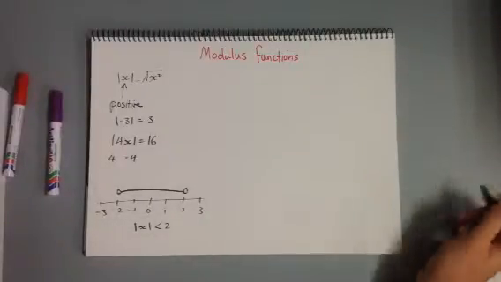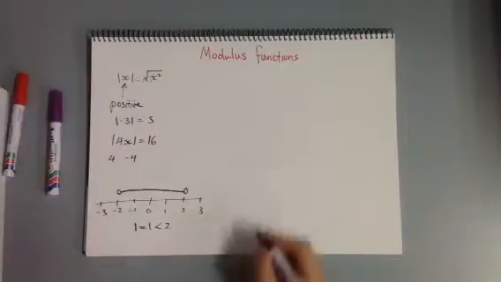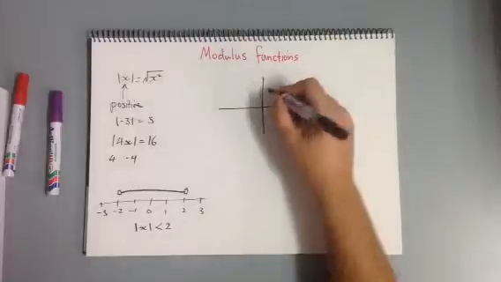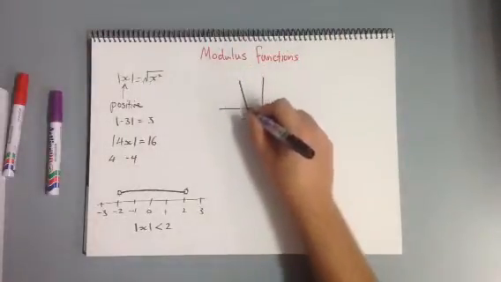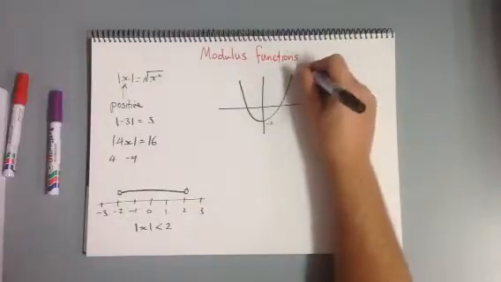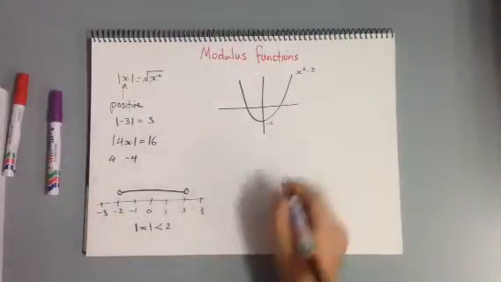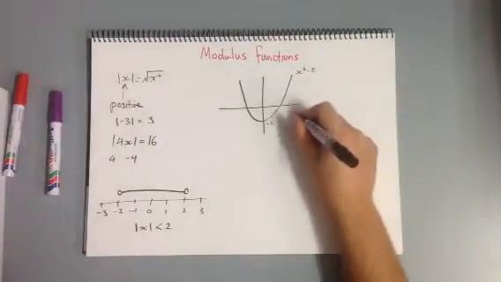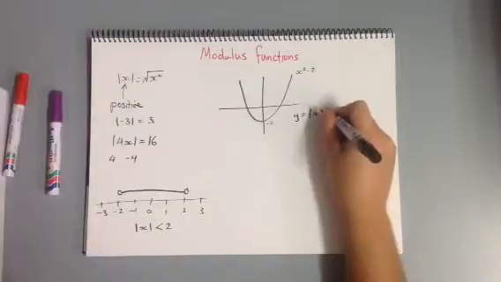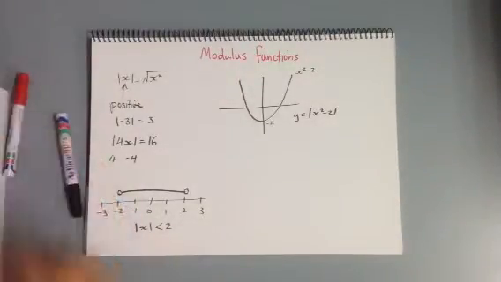If we start talking about graphing modulus functions, which we do in a bit more detail later on, basically it means if you've got some function, and it could be something like x squared take 2. Well, if we look at the function where y equals the modulus of x squared take 2, we know that it always has to be positive.